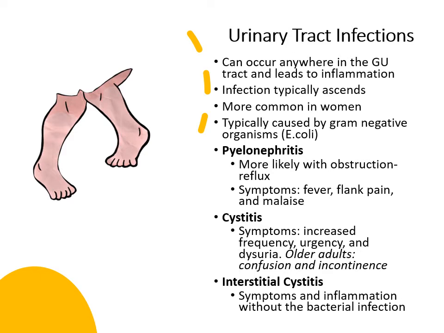But in actual fact, it's just inflammation of the bladder, and it's typically diagnosed with a scope into the bladder called a cystoscopy. So it's not treated with antibiotics once we make the correct diagnosis.